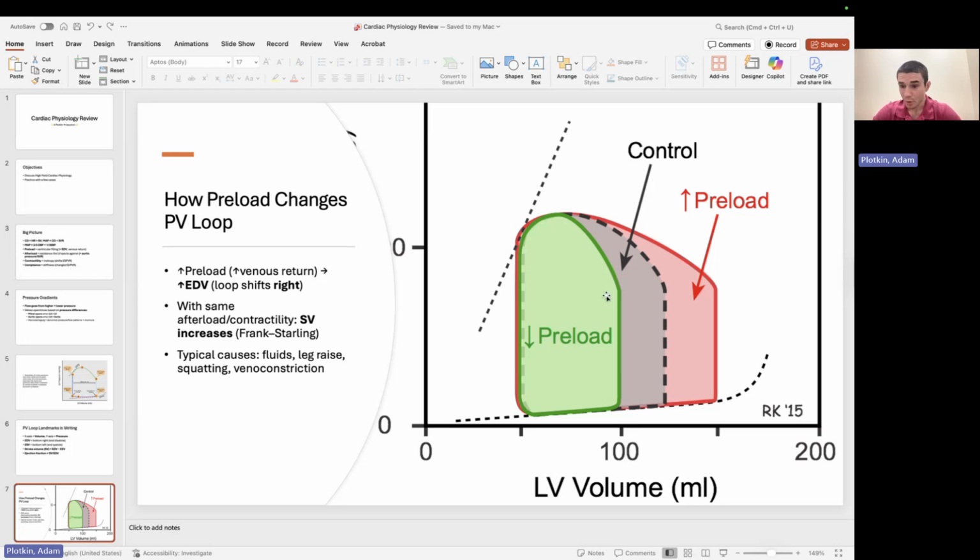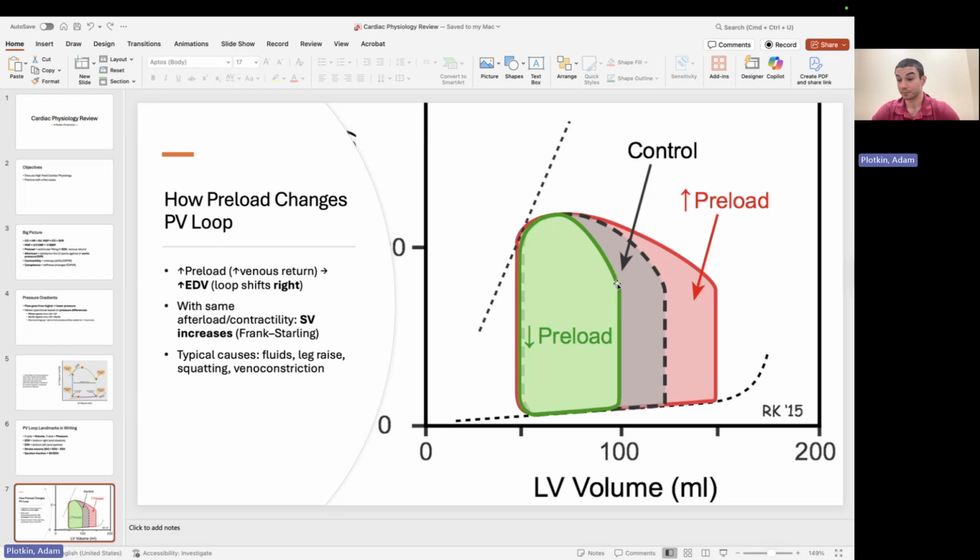And so remember, my cardiac output is heart rate times stroke volume. So if I take my control here and they have a cardiac output of X, and I say I want this green guy to have the same cardiac output as my control, but let's say his stroke volume in green is half of what this control is, in order to maintain the same cardiac output, what does the green guy have to do?